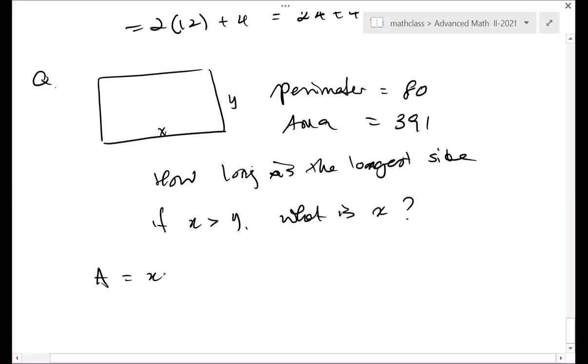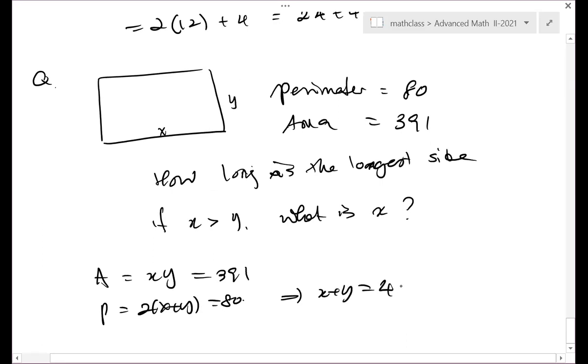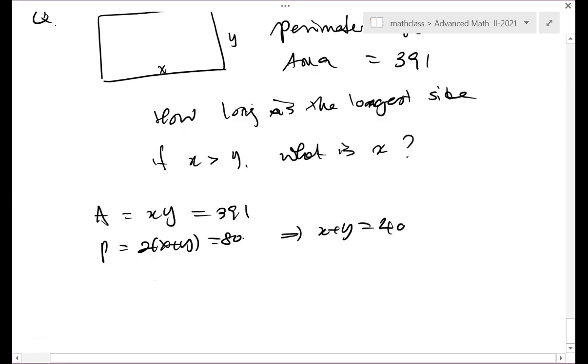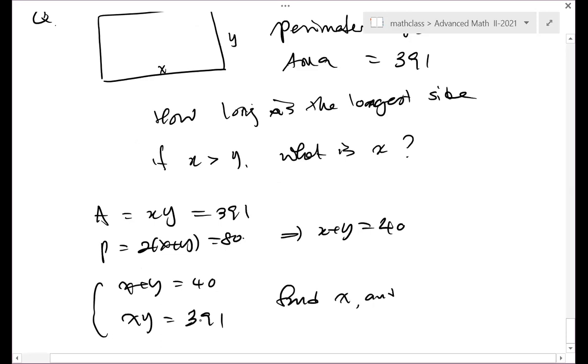So area is going to be x times y, 391. The perimeter is double x plus y equals 80. So that implies x plus y equals 40. Okay, so you get x plus y equals 40, x times y equals 391. Find the x and the y.